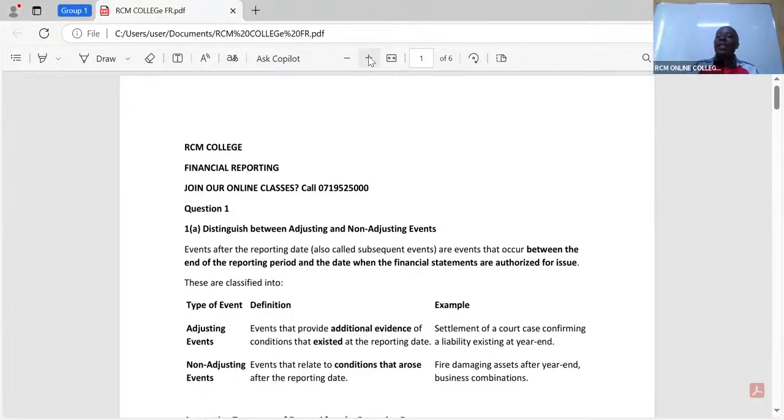These guys have done their financial statements for last year, for 2024. They would want us to provide assurance to all their stakeholders that those financial statements are correct, that they present a true and fair view.